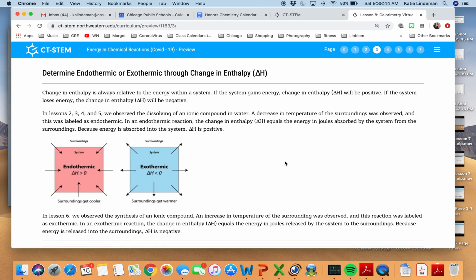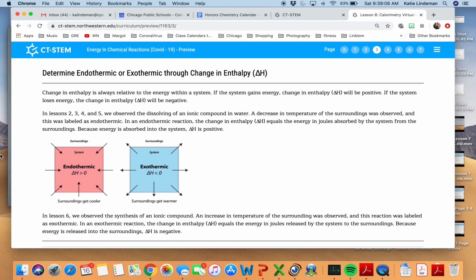We want to link this idea of change in enthalpy to the idea of endothermic or exothermic. Change in enthalpy is always relative to the energy within a system. If the system gains energy, the change in enthalpy will be positive, meaning you are going up in energy.